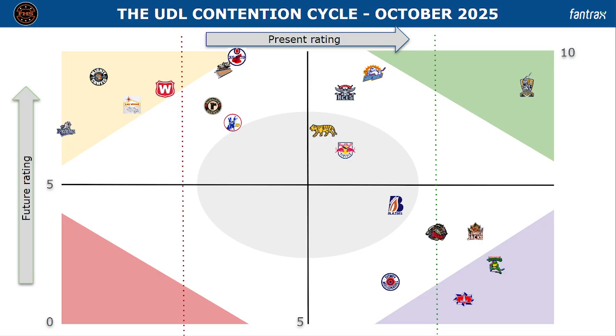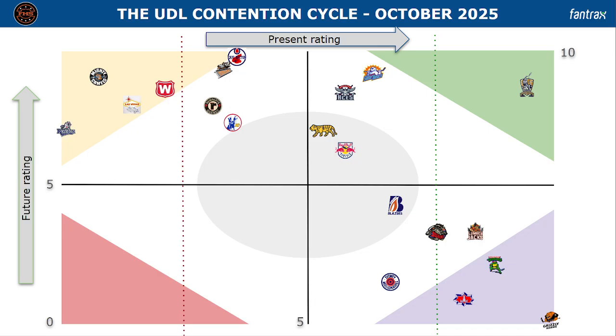And the last team, alphabetically, and also the last team in terms of future rating, and the first team in terms of present rating, the 10.0 ranking, is the Grizzly Alums. They are the definition of an all-in win-now team. They have the best projected present rating and the worst projected future rating.